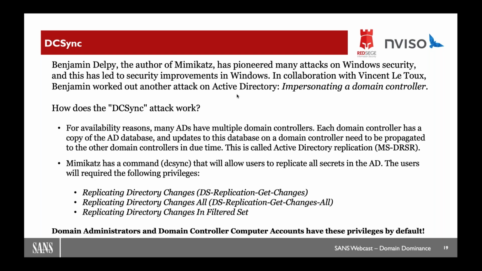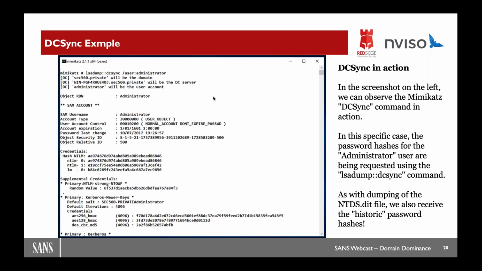DCSync is a fairly interesting attack approach. Here we can see it in action. It's fairly simple: lsadump::dcsync, specific user. In this case, I'm targeting the user administrator. We can see that sec560.private is the domain, and I'm targeting a certain domain controller, that specific value there, and the user account administrator.